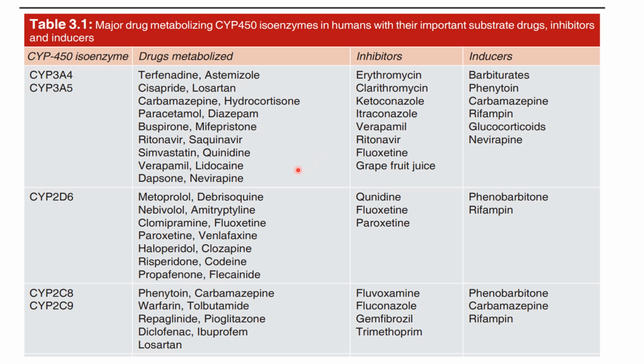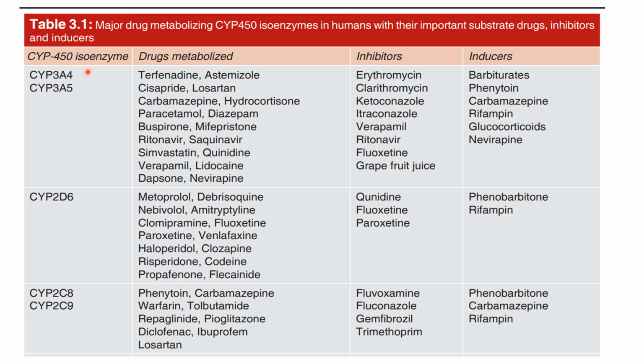So this is the concept of drug interaction when an enzyme inhibitor or an enzyme inducer is given along with any drug which is metabolized by the same cytochrome P450 enzyme.